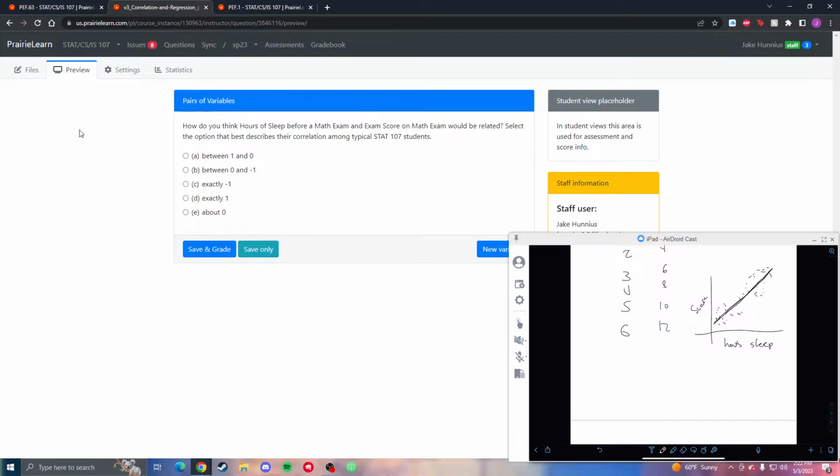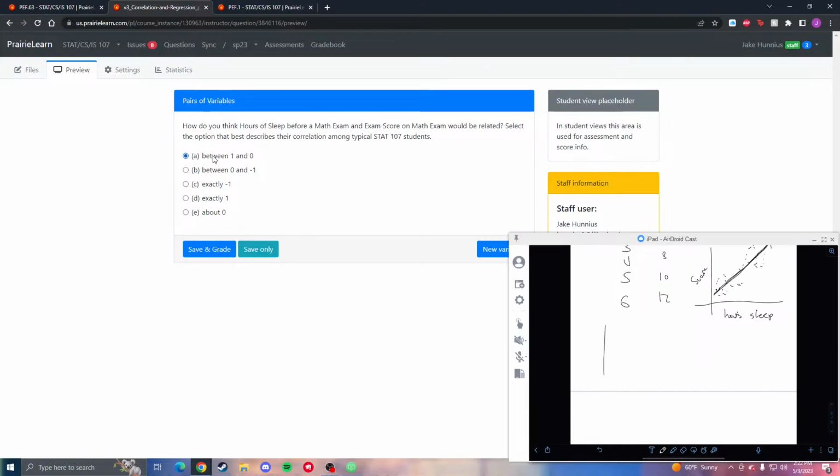You draw a line through it, it's going to be positive. So it's going to be between 0 and 1. But if it was hours gaming, ignore the handwriting, and score on an exam, the more hours spent gaming, the lower score we expect. The less hours spent gaming, the higher score we expect. So it's going to be between 0 and -1.